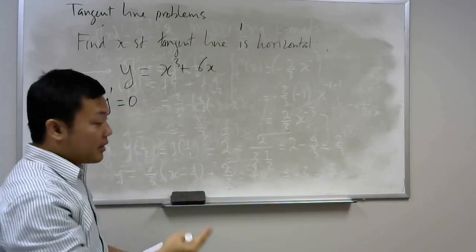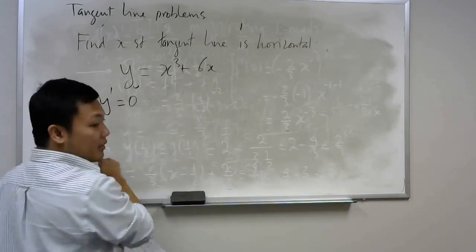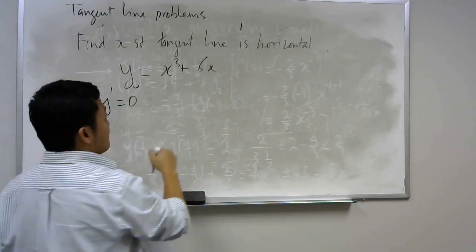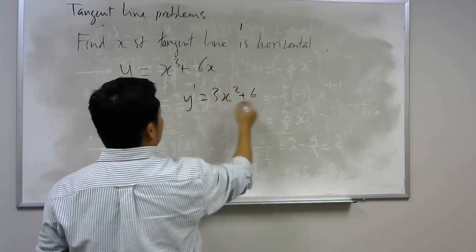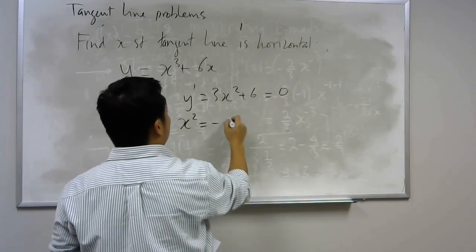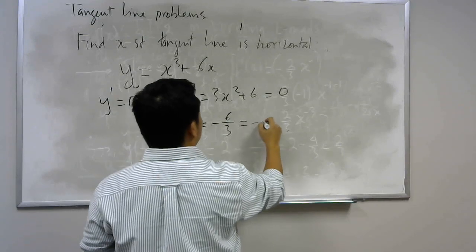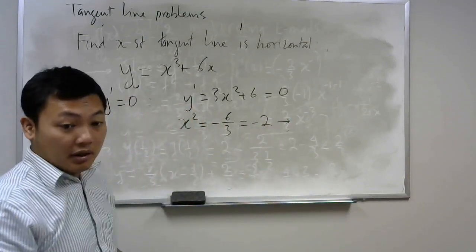The slope is equal to 0. That means you have to take the derivative of this function and then set it equal to 0, and solve for x. So y prime is 3x squared plus 6, and then you set it equal to 0 and solve for x. You get x squared equal to negative 6 over 3, which is negative 2.